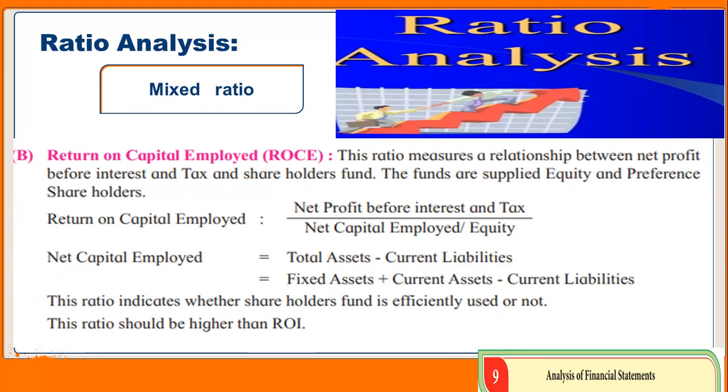What is the net capital employed? It is equal to total assets minus current liabilities. What is the total assets? Fixed assets plus current assets minus current liabilities. This is the total assets of fixed assets plus current liabilities. This ratio indicates whether shareholders' fund is efficiently used or not. This ratio should be higher than return on investment ratio.